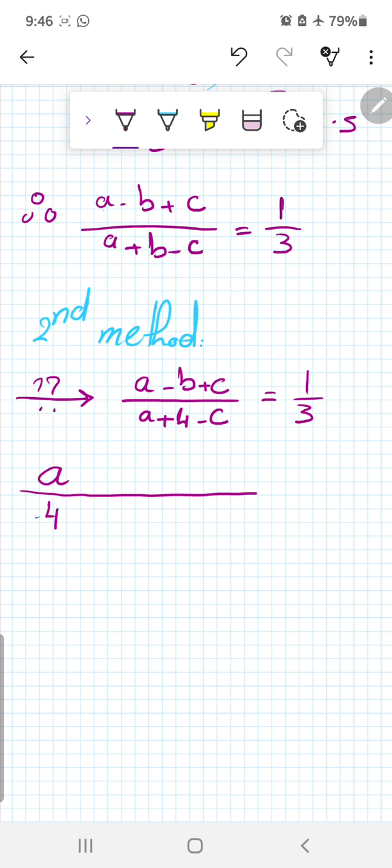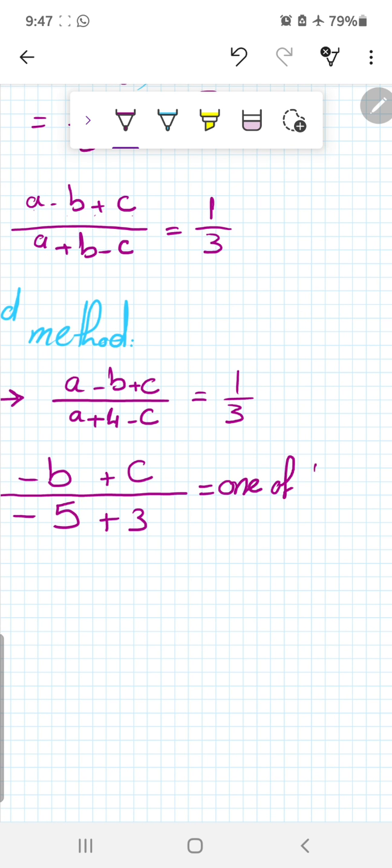The second ratio is made negative, so negative B and negative 5. The third ratio is plus C, plus 3. All of this equals one of the given ratios.